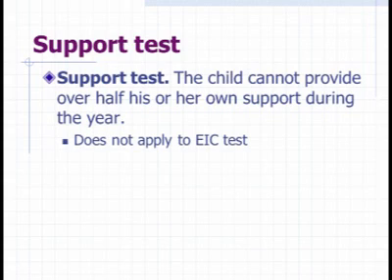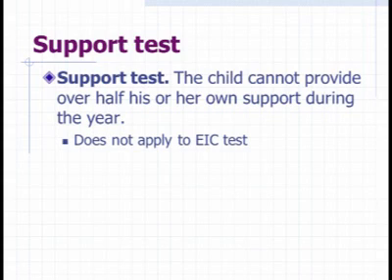And we will go over that more than 50% test when we get to qualifying relative. Because so many different people might be supporting a child, the government decided it would be easier if the only person you had to measure was the child himself. So it doesn't matter whether the rest of the child support is coming from grandparents or welfare. As long as the child himself is not providing more than half of everything spent, you're good to go.